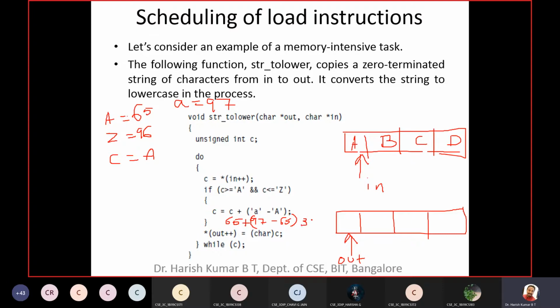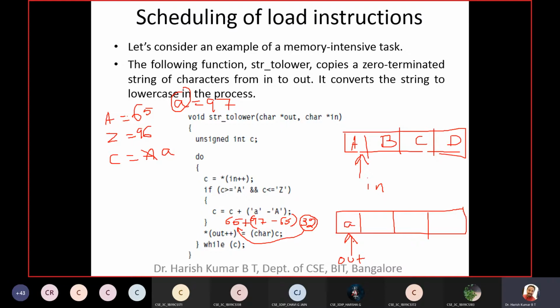It is 32. So 32 plus 65 is how much? 97 again, which is the ASCII value of lowercase a. Now the character c, which was uppercase A, is converted into lowercase a, and we write this lowercase a to this memory location.